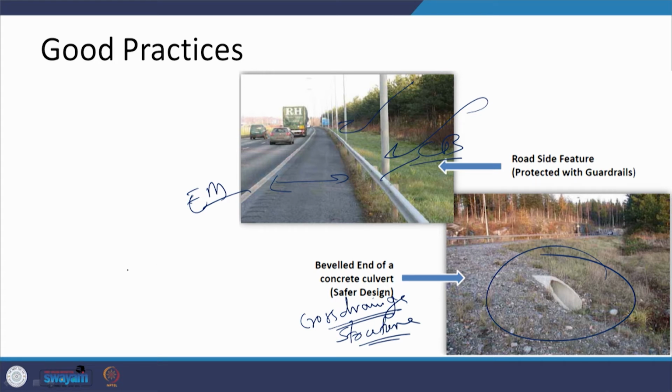Instead of providing a pipe in this form where it has a cross section in this way, it has been beveled and made along the slope of this particular road. If a vehicle had hit the other form, it could have been more dangerous or hazardous, but when it goes along the profile, this is a better way of providing these types of structures.